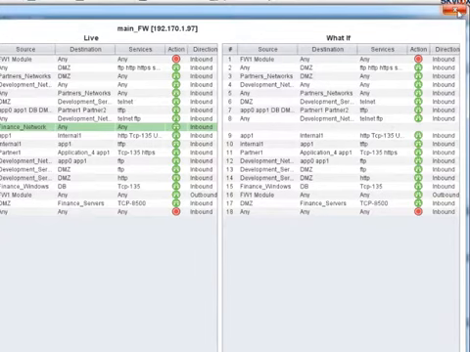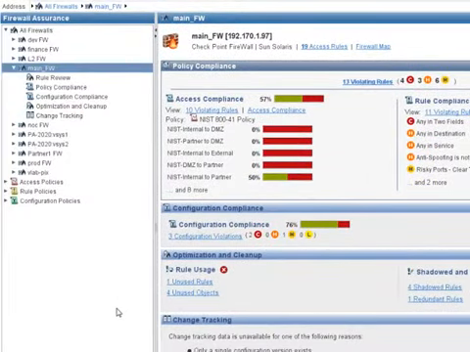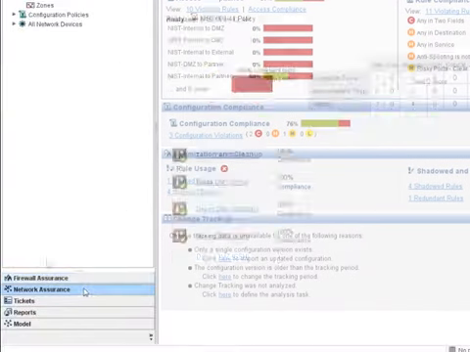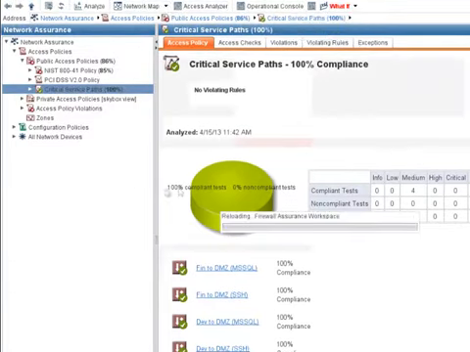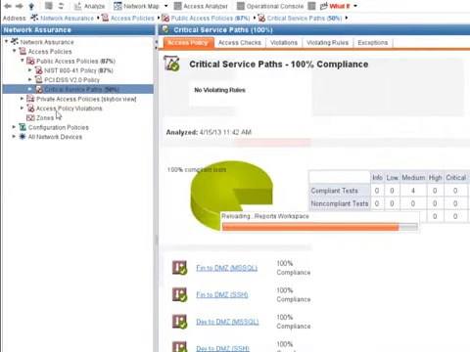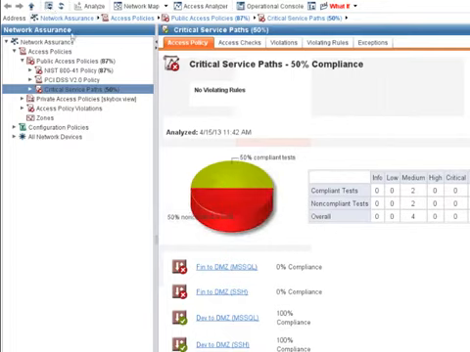So now we're going to use the what if workspace to find out what the effect of that change would be. So let's start by switching over to our what if workspace and seeing what the effect would be of my critical service path. So right away I can see I have a problem.